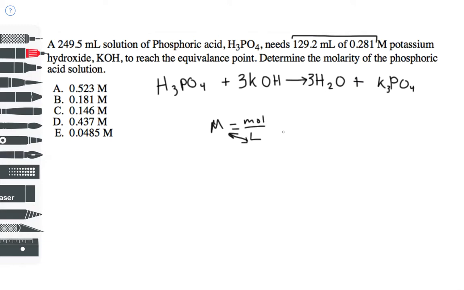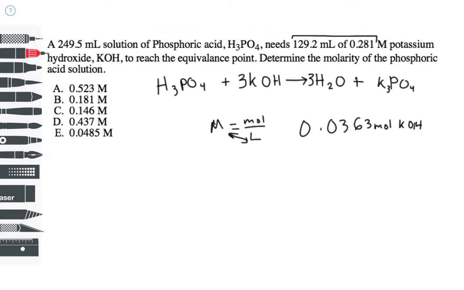You want to convert the milliliters into liters, so you divide by 1,000. You have 0.1292, and you multiply that by 0.281. That means we have 0.0363 moles of potassium hydroxide.